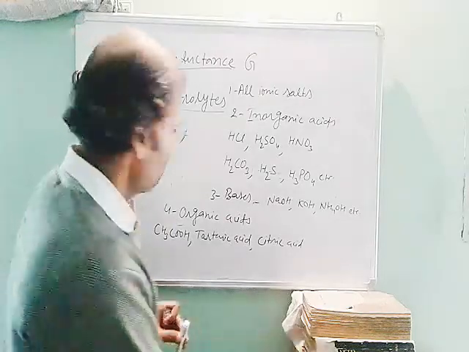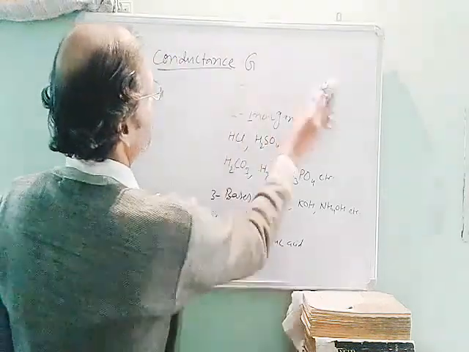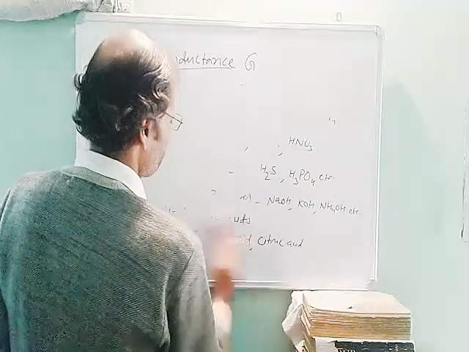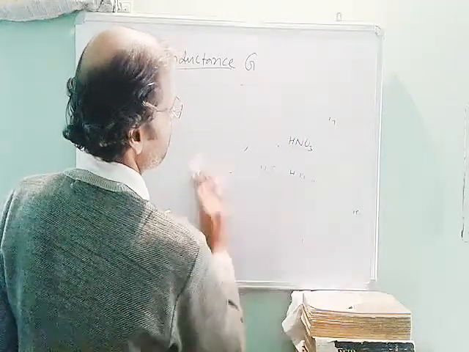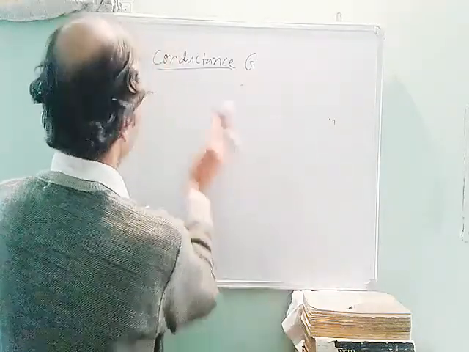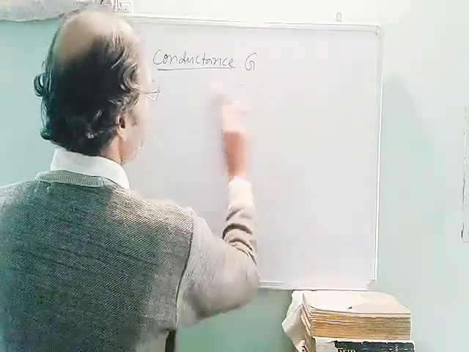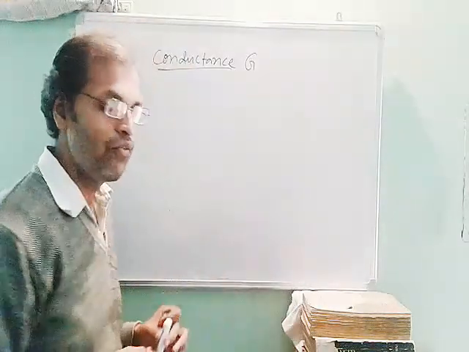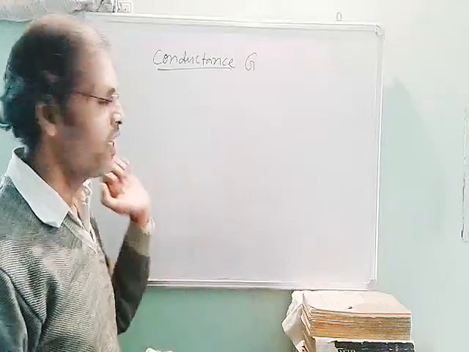Okay. I would like to give you a simple example how to determine whether a compound is an electrolyte or not, and what is the necessary condition for an electrolyte.